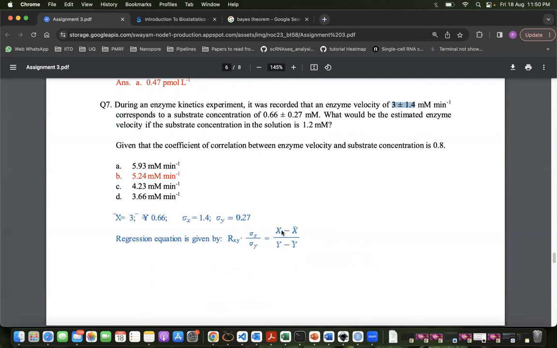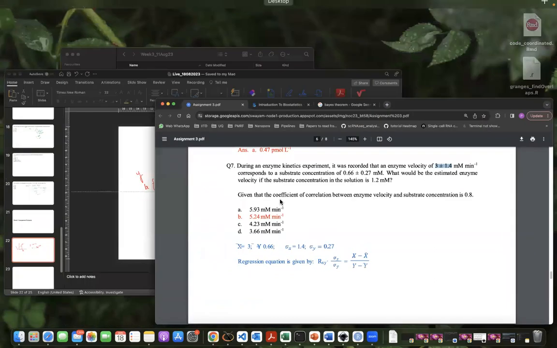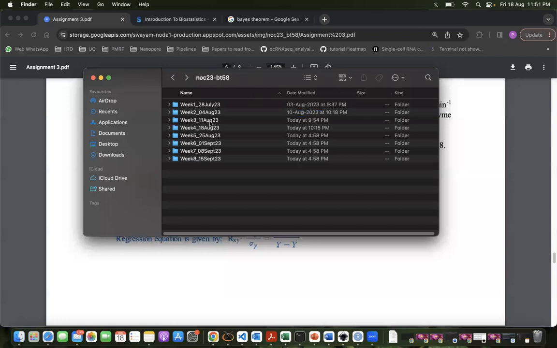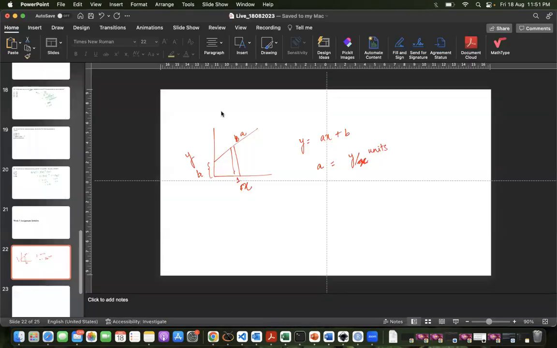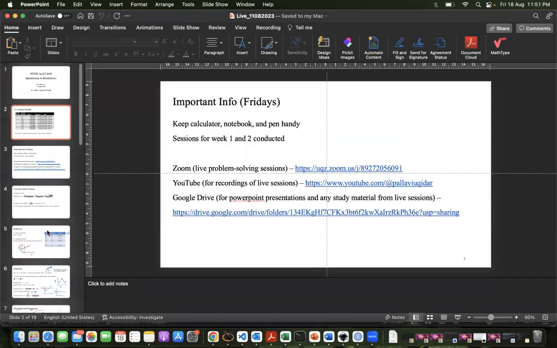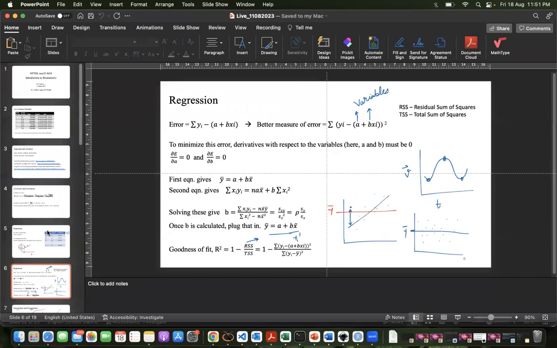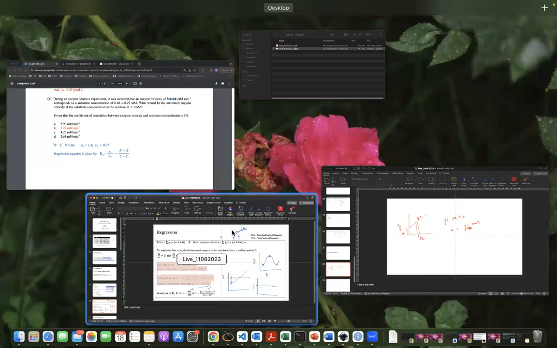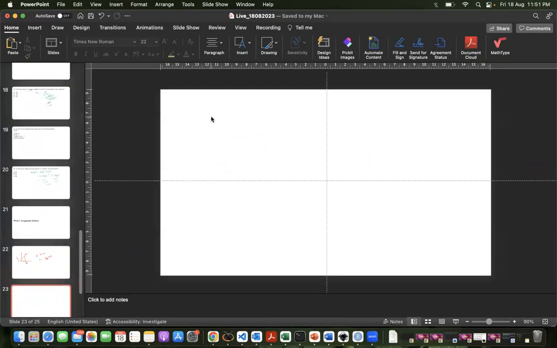Can you explain this equation? Okay, I think I'll have to derive this then. So let me open last week's equation. That will make it simpler. Right, so this is what the equation was. Let me copy this here.